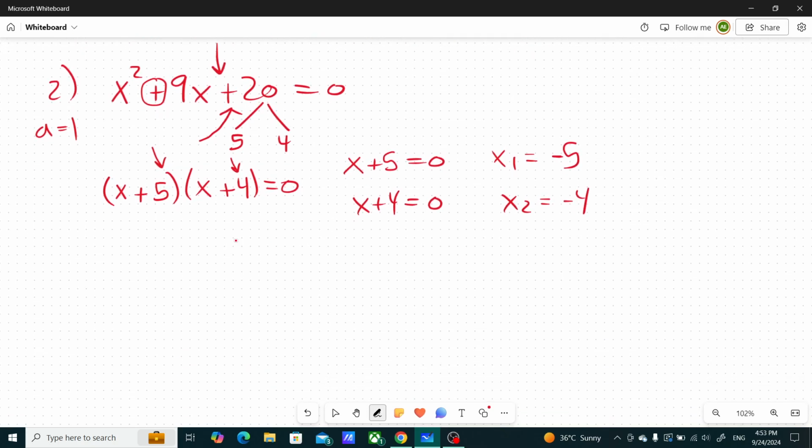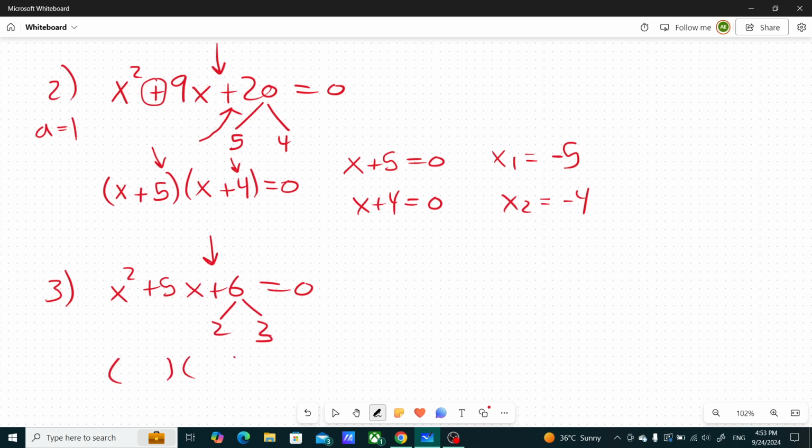Let's take another example. We have x squared plus 5x plus 6 equals 0. Again, it's a case of a equals 1. I will look at the sign. It's a plus. I need two factors that add up to 5 since it's a plus. So I know that 2 plus 3 is 5 and 2 times 3 is 6.